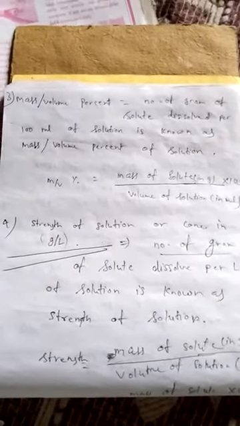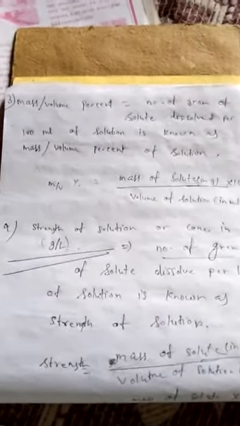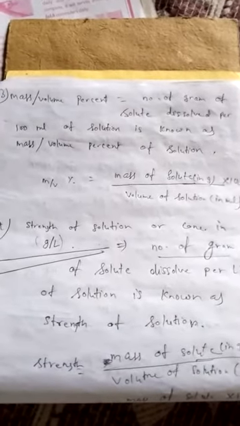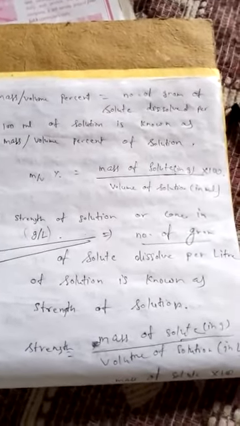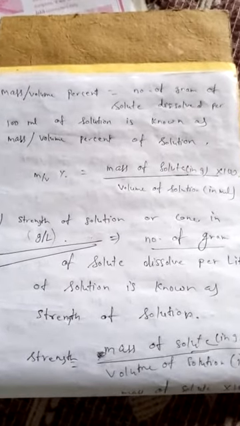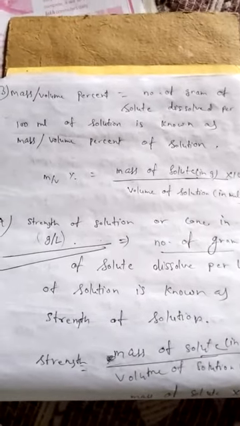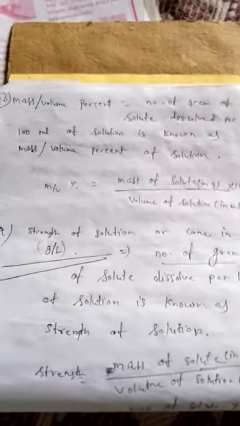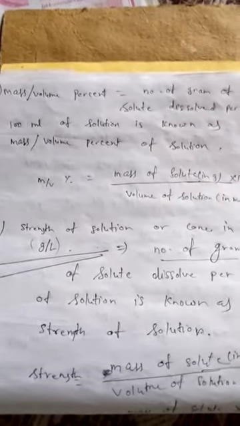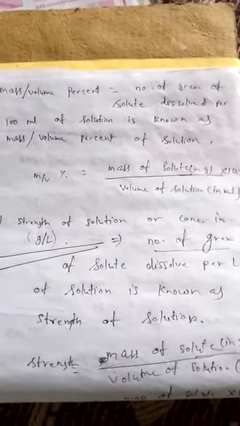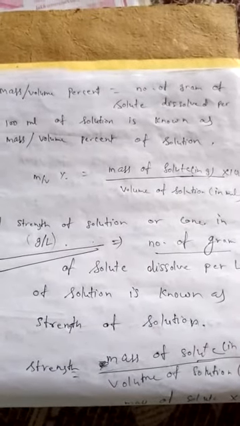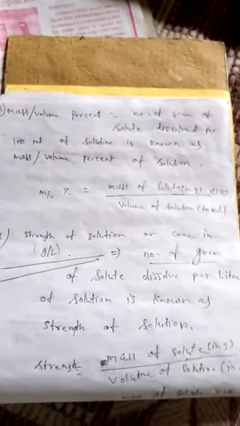For example, if 200 gram of sugar is dissolved in 2 liter of syrup, the concentration of sugar will be 200 by 2, that is 100 gram per liter. 2 liter have 200 gram sugar, hence 1 liter has 100 gram of sugar. So the strength of solution will be 100 gram per liter.